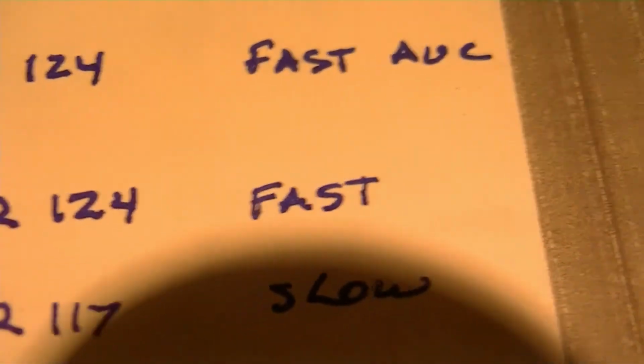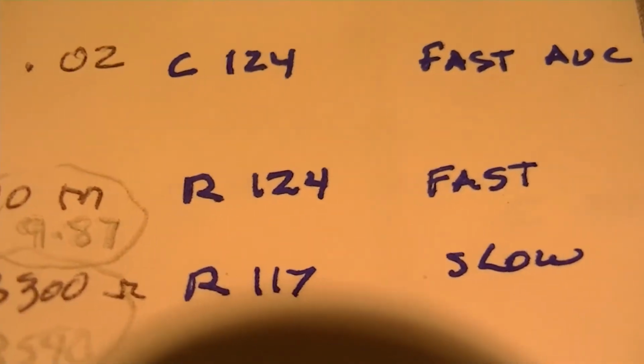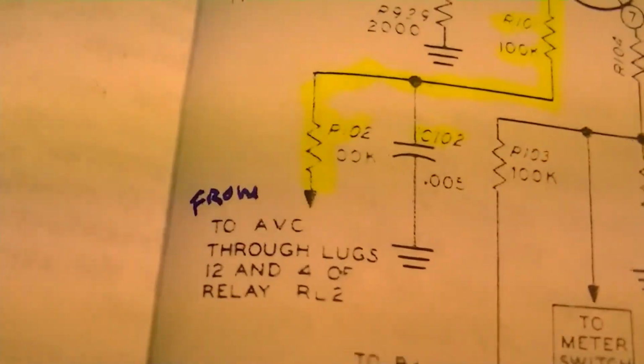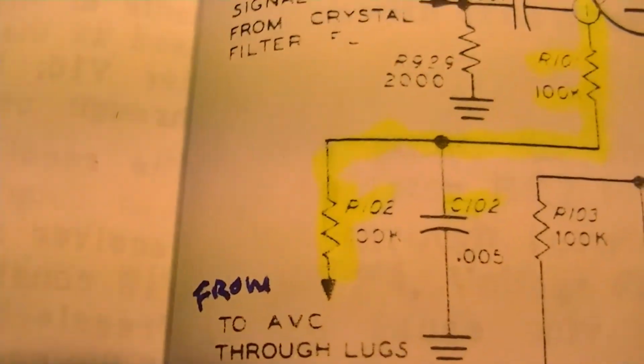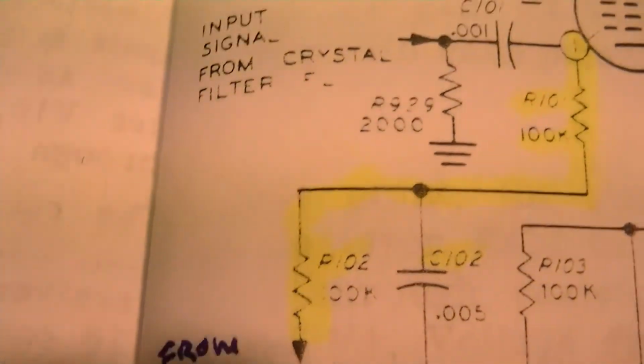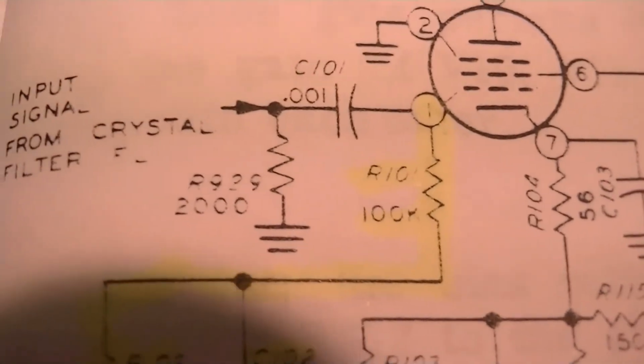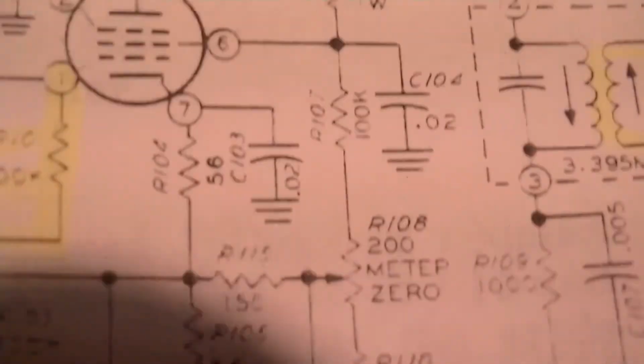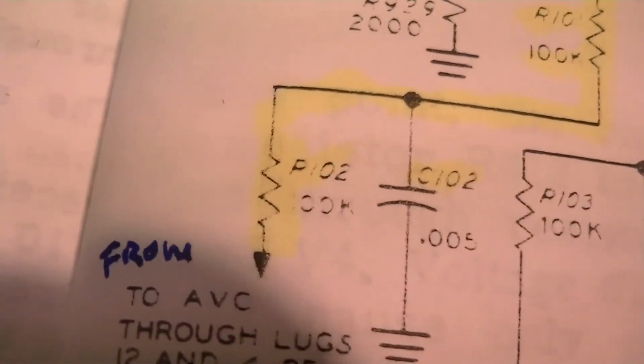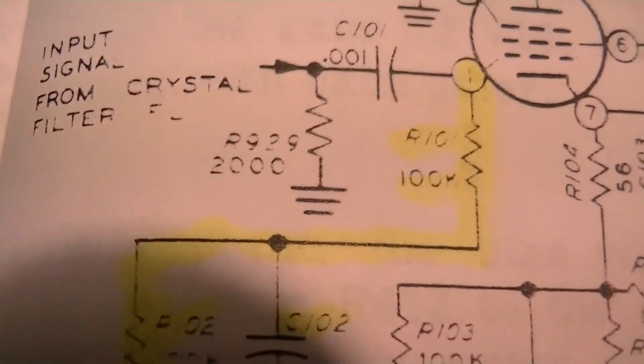But these, 124 and 117, are on the IF circuit board, and they are over here. I think that's them, isn't it? 100K and 100K.